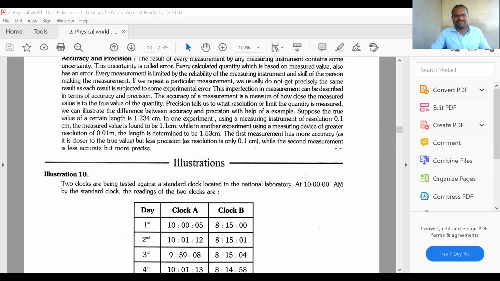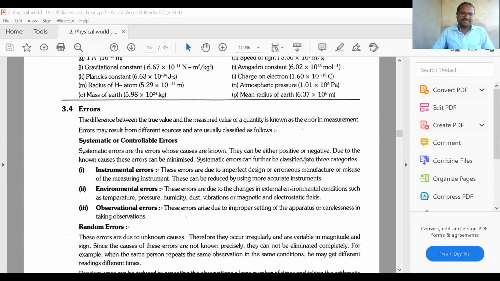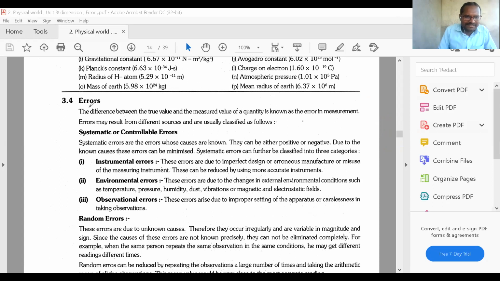So quickly let us go to errors. Students, just once you go through these points: what are instrumental errors, environmental errors, observation errors, and what are random errors?